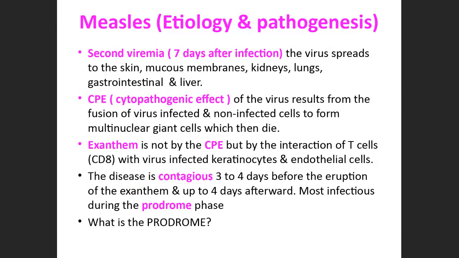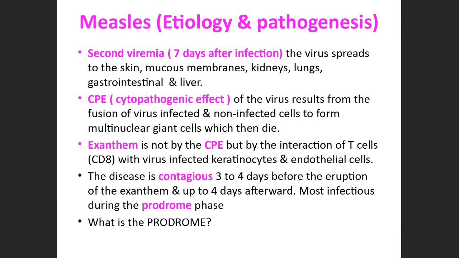Now, the second viremia is the stage that starts 7 days after infection. Here, after proliferation, the virus spreads to skin, mucous membrane, kidneys, lungs, gastrointestinal tract, and liver. This is the second viremia stage, and a very important stage. As the virus spreads all over the body, CPE is the cytopathogenic effect exhibited by the virus.